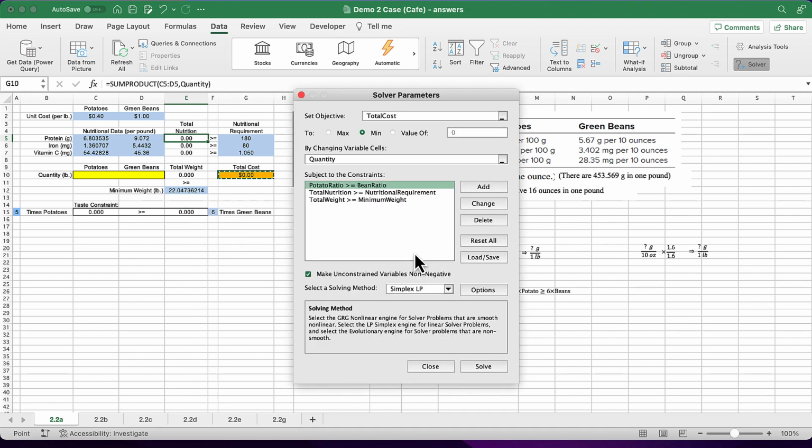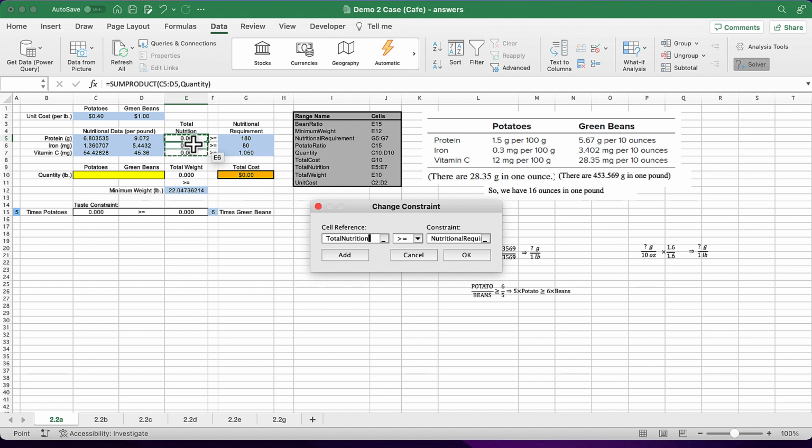All right, the next item is actually the nutrition requirements set by the university. Again, if I choose change, then you'll be able to see that it's mapping the cell reference coming from the total nutrition generated across the commodity for each item, which must be at least greater than or equal to the corresponding nutrition requirement, which is again the rule set by the university.